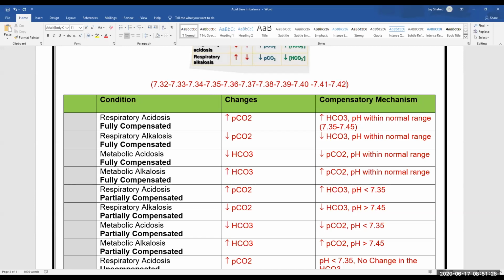So what am I doing here? I'm going toward what? Yeah. So as I go up, then I'm getting close to what? Alkalosis. All right, so now I'm perfect. What is the middle range right there, right?